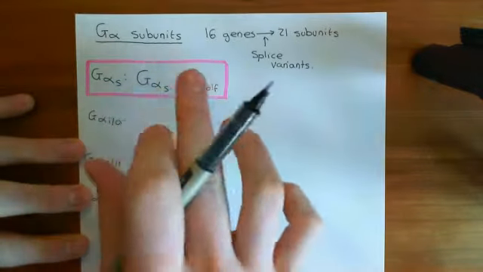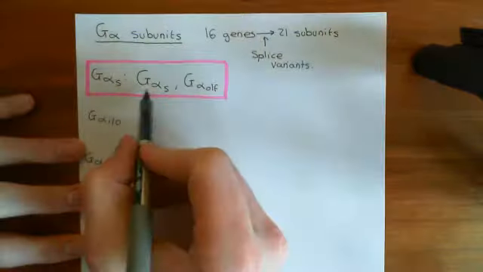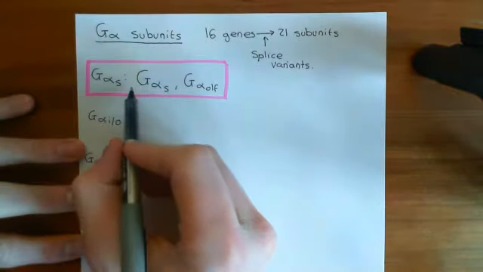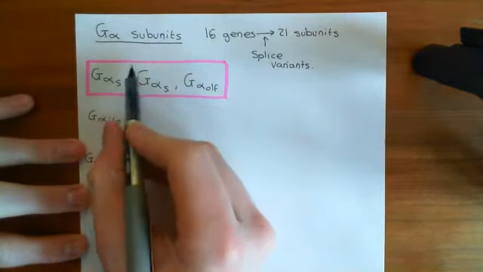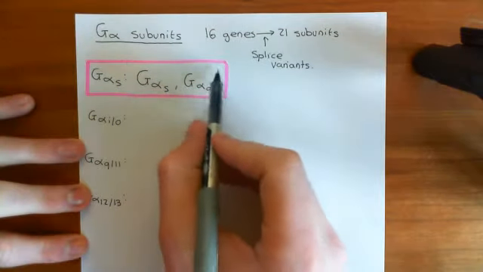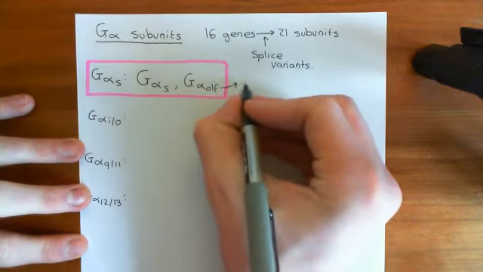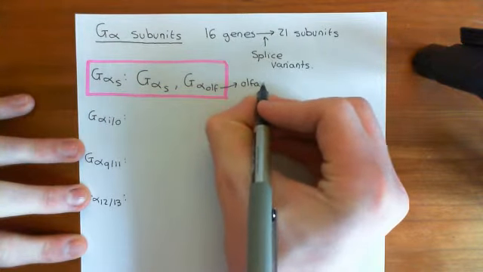So G alpha olf has a very similar function to G alpha S. G alpha S is more famous, and the reason is that you find G alpha S all over the place in the body, whereas G alpha olf you find in very restricted places within the body. For instance, the tissue of the olfactory epithelium, hence its name.